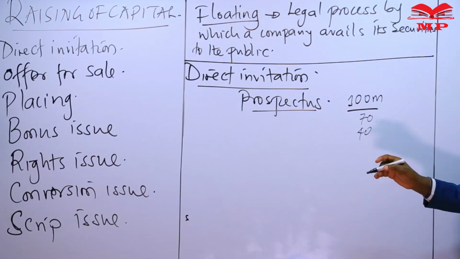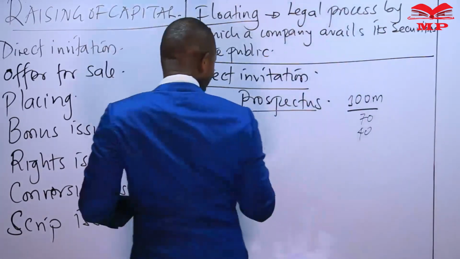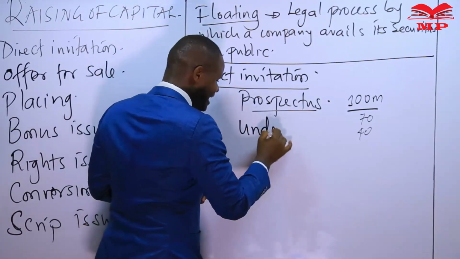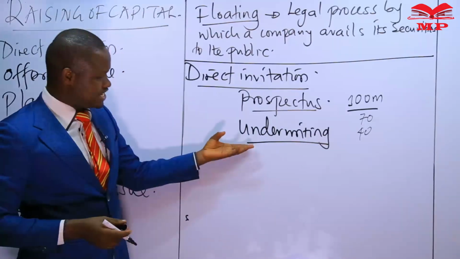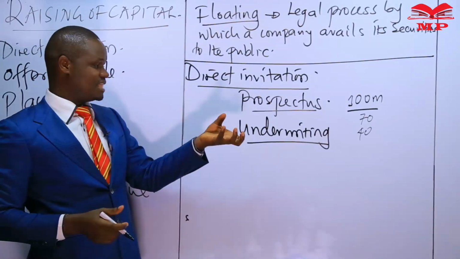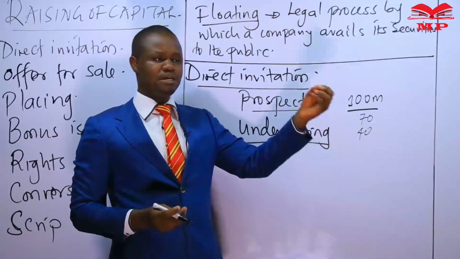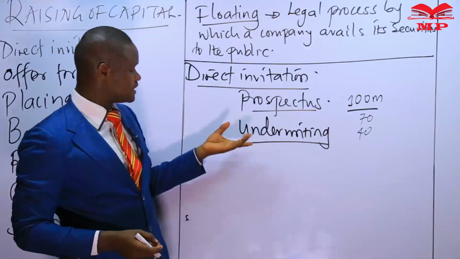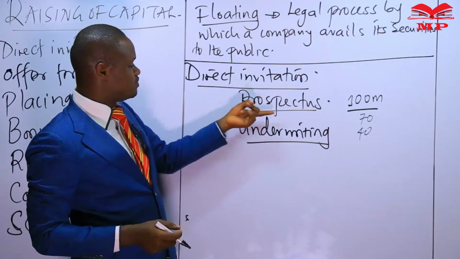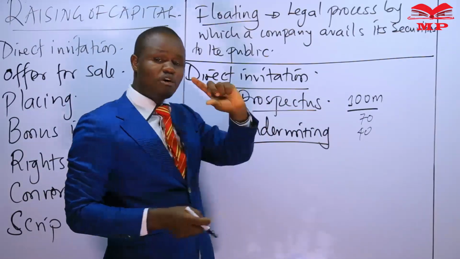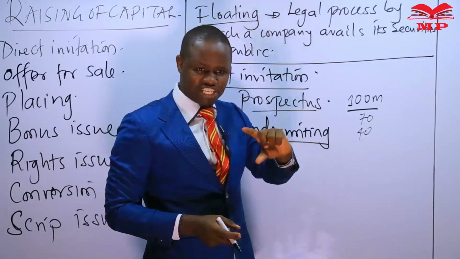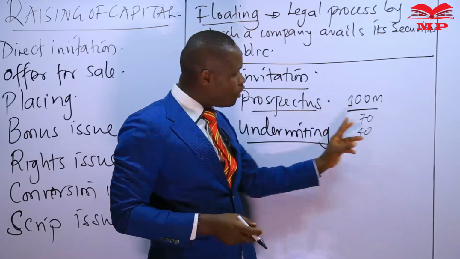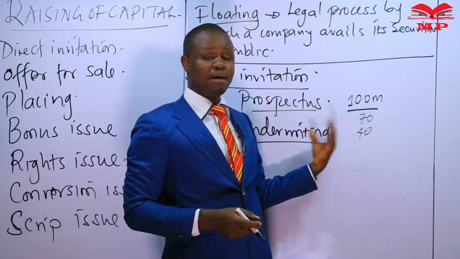Then it becomes necessary that this company, doing a direct invitation to raise share capital, may be required to do what we call underwriting the issue. In underwriting the issue, the company gets into contact with an underwriter. Underwriters will usually be investment banks or insurance companies, which give a commitment to the company issuing shares that, for some commission, which we refer to as the underwriting commission, they will take up a percentage or the whole of the shares that will not be taken up by the public.